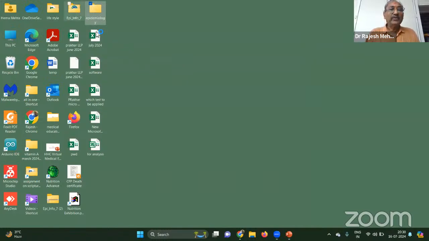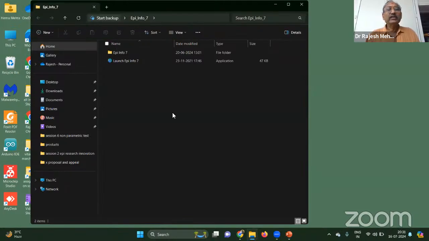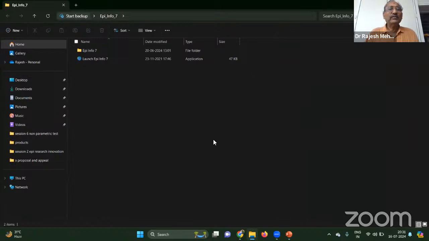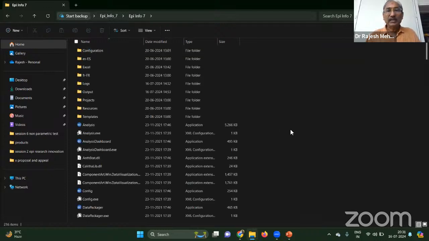When you download Epi Info, you will have these two files, one Epi Info folder and another is the application file. You need to find these two files from the website, for which I have already given you the link. If you fail to do that, I'll be giving you the folder on Google Drive. Before I start Epi Info, let me show you the files in Epi Info itself.